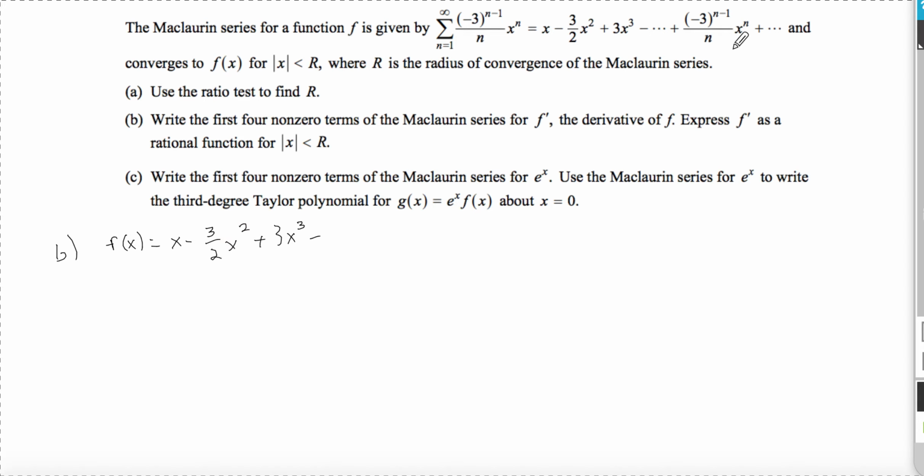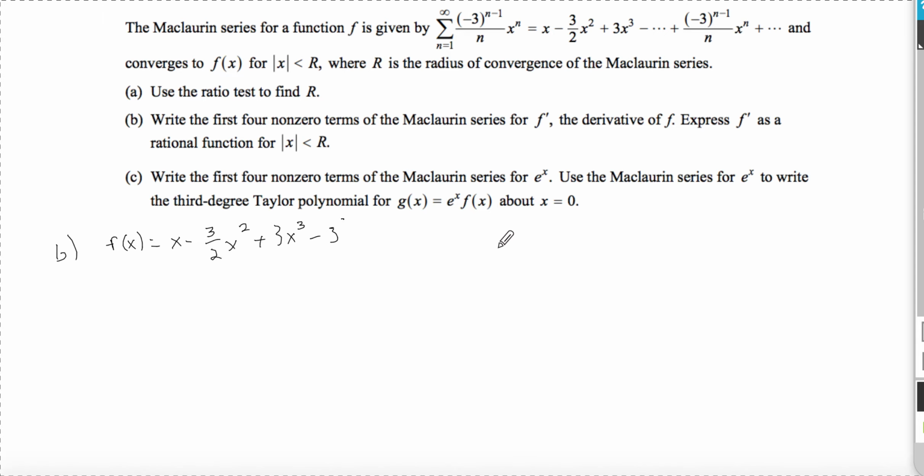When n is 4, up here we have a negative 3 to the 3rd power. Sorry, this is 1, when n is 2, when n is 3, when n is 4. Got lost for a second there.